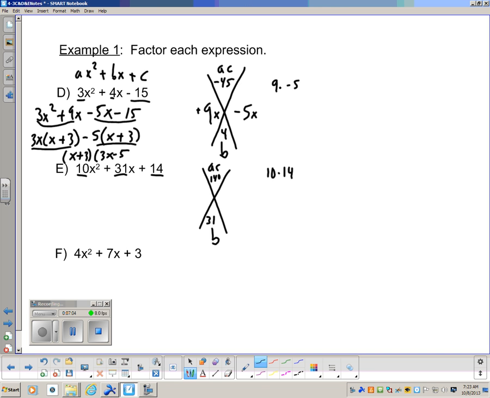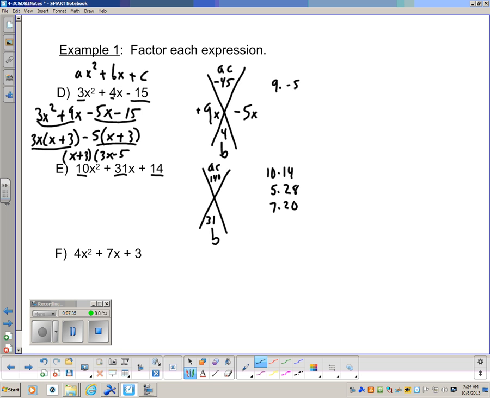So maybe try 5 times 28. Does that work? Yeah, 140, but those do not add to give me 31. I'm getting kind of close. So maybe try 7. 7 times 20 will give me 140, but doesn't add to give me 31.